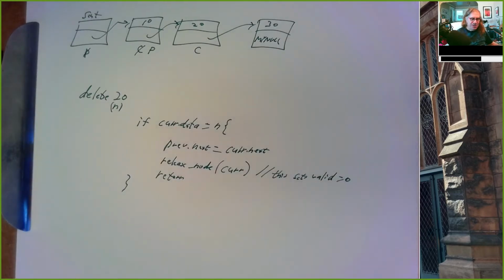All right, there's the body of our delete. Where do we exit? Well, I've said that you're not going to call delete unless the node exists. But suppose we didn't have that constraint. Suppose it was possible that you tried to delete 55 and it's not in the list.